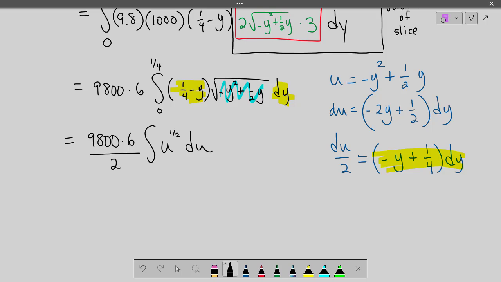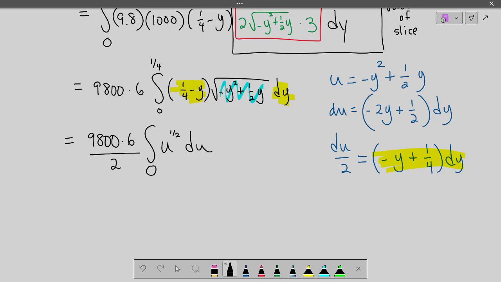How about limits of integration? Okay. So we come over to this equation where we related u and y. If y is 0, u is also 0. How about if y is 1/4?